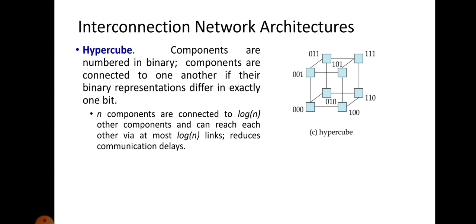Suppose a transaction server has more than one connection to some hub. Suppose you are buying a product from a website, and it may have multiple connections with the sellers and the payment gateway. So multiple directions can happen through the same server in different aspects. So this is the hypercube network.